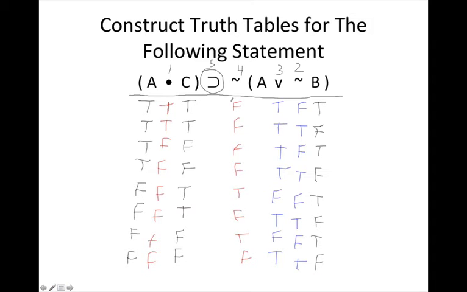So now we're in a position to take the dot and the first tilde and generate the horseshoe truth values. So we know that there's one in one case only when the horseshoe is false. In all other cases, it's true.